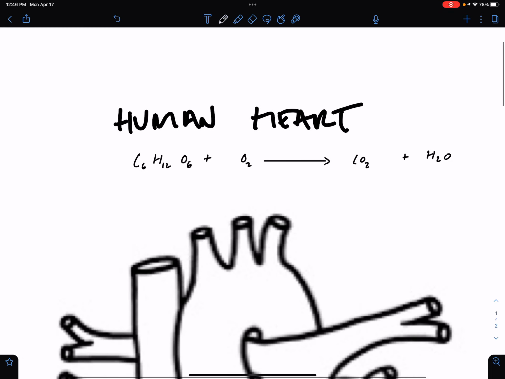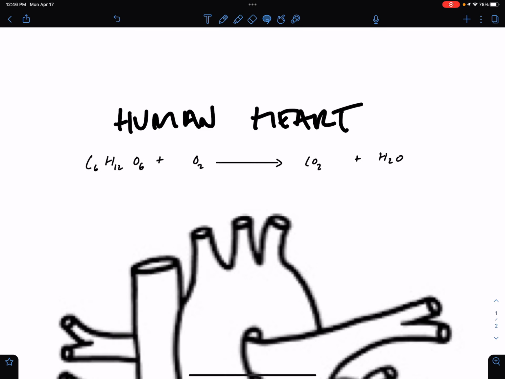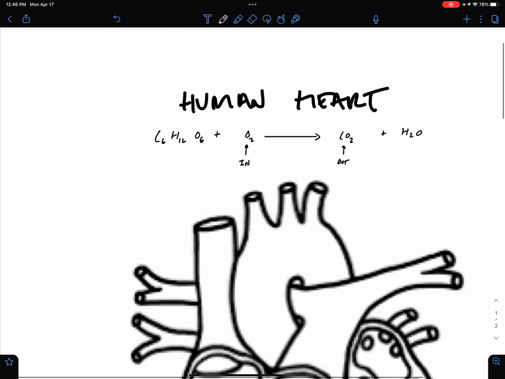So this is happening in every single cell in your body, and in order for this reaction to occur and keep going, we need to get oxygen in to every single cell in your body, and we need to get CO2 out of every single cell in your body.